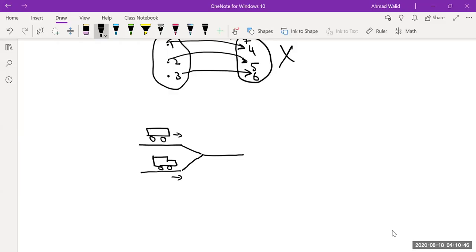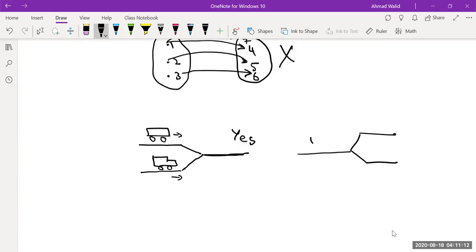Can both these cars go at the same time to this road? The answer is yes. Remember, when you merge 2 freeways, the other cars are coming and you are merging to the same freeway and you go together with the other cars. It is possible.